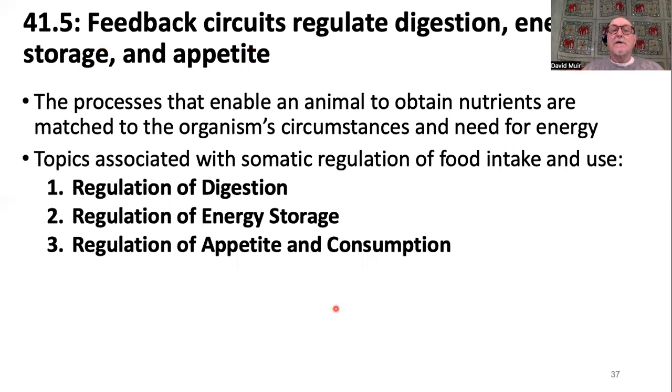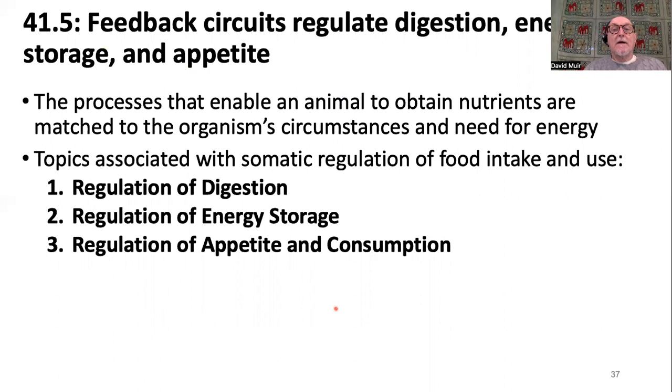And feedback circuits are the signal feature of this information relay. Feedback circuits actually regulate digestion, they regulate the storage of energy, and they even regulate our sense of appetite and our sense of how much we should eat.